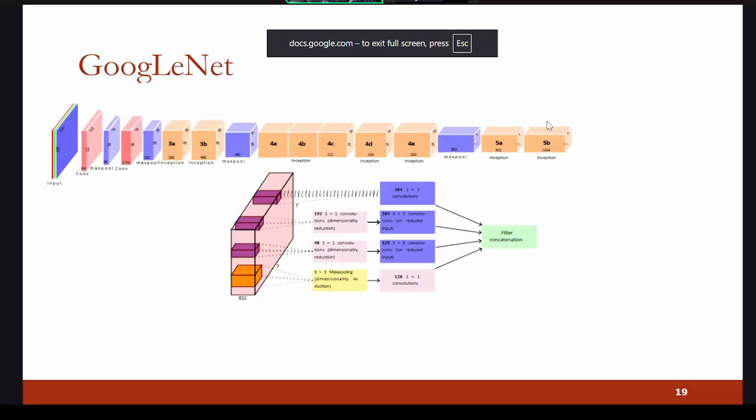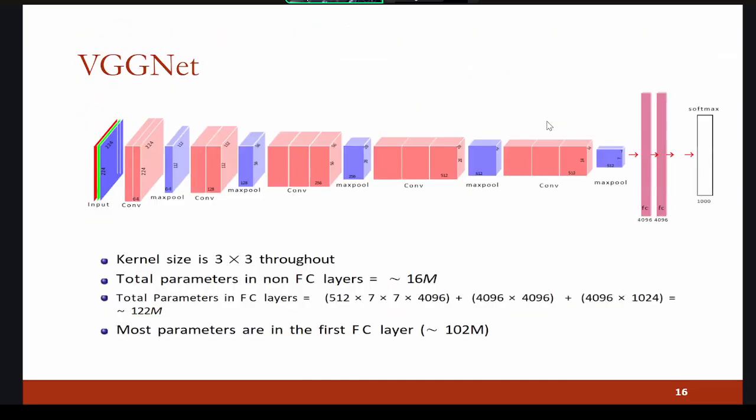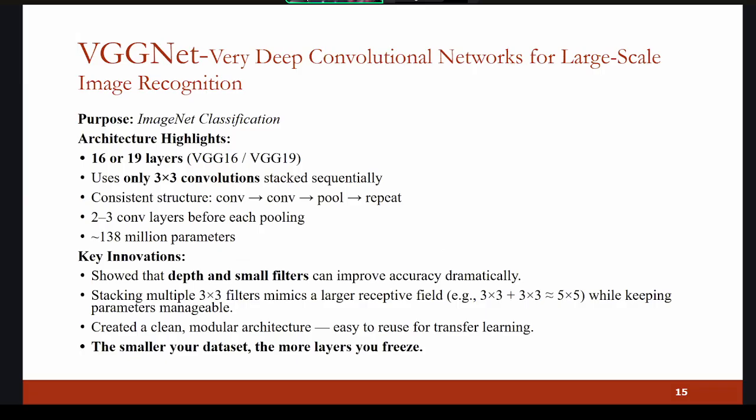So I told you about transfer learning, VGGNet. VGGNet was the first architecture which was used for transfer learning. This model is trained on a huge volume of data set, and the number of layers of that deep convolutional neural network is 16 or 19.